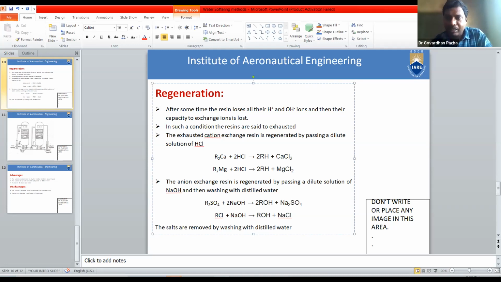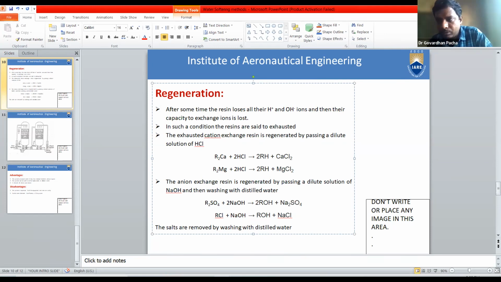Now we see the advantages and disadvantages of the ion exchange process. The first advantage is that the resultant water has a very low residual hardness, nearly equal to 2 ppm, parts per million, and the process can be used for both acidic and alkaline water.